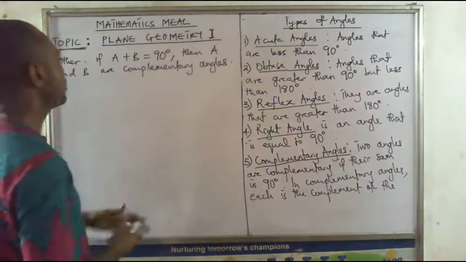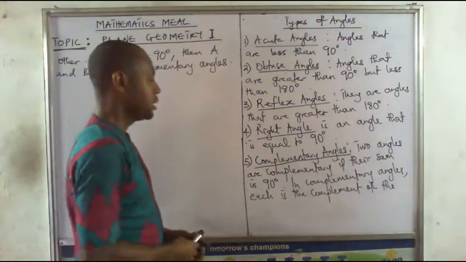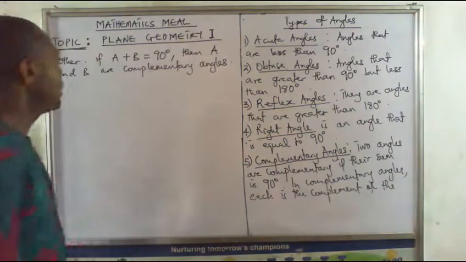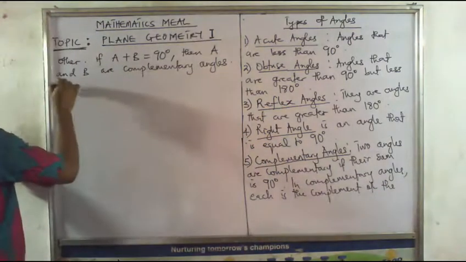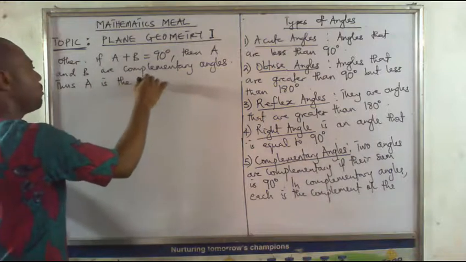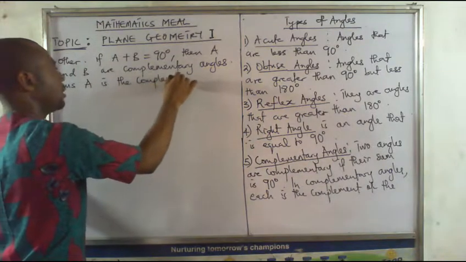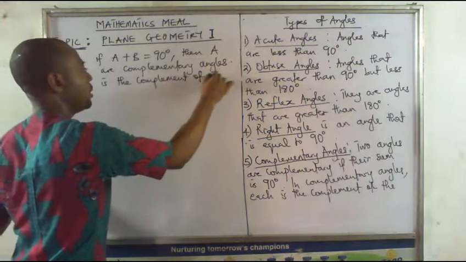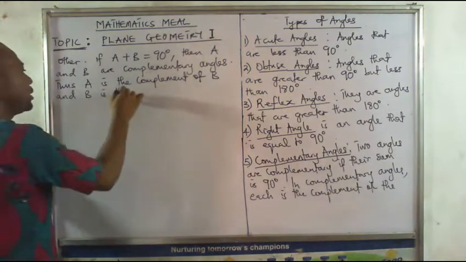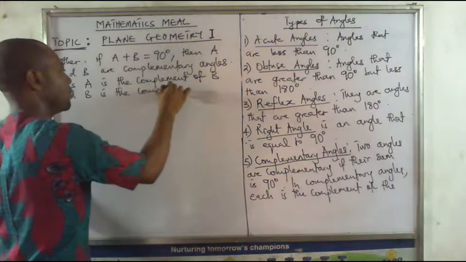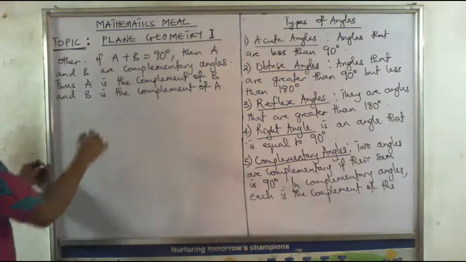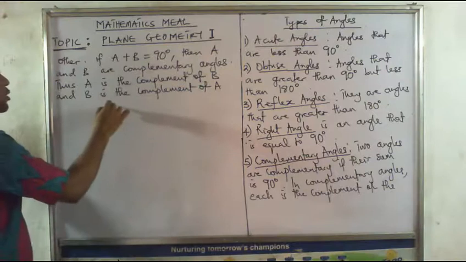So if A plus B is 90 degrees, then A and B are what? Complementary angles. Thus, A is the complement of what? B. And B is the complement of A. So someone can ask you, what is the complement of 50 degrees?